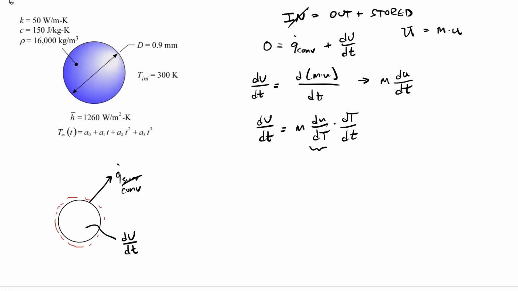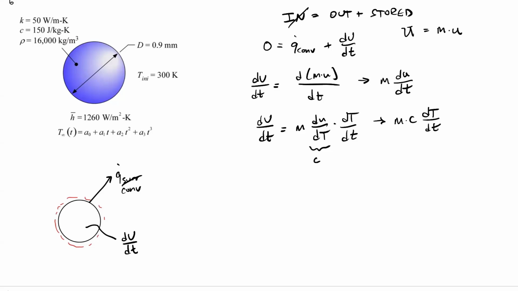This thing here is the definition of specific heat, if you remember from thermo. For an incompressible object, du/dT is specific heat. Okay, so we've just figured out a way to transform this to m times c times dT/dt. Okay, so that's our U term.